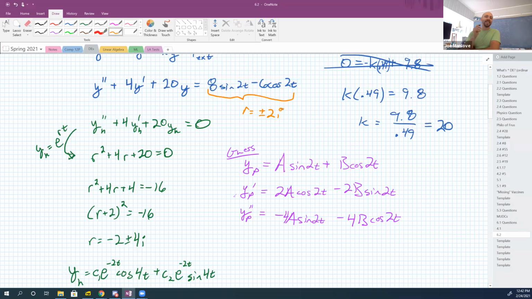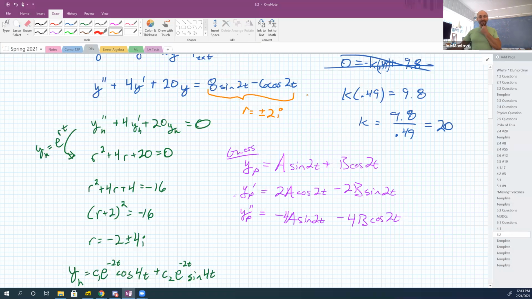As long as those r's are different than the ones that you found earlier, you don't need the t's. So even if I had 4's in here, I would still just have plus minus 4i's, and that's not the r I had before. The r for the homogeneous equation is negative 2 plus or minus 4i. So even if I had those 4's, it wouldn't matter. They wouldn't overlap. I wouldn't run into problems. That makes life a lot easier.